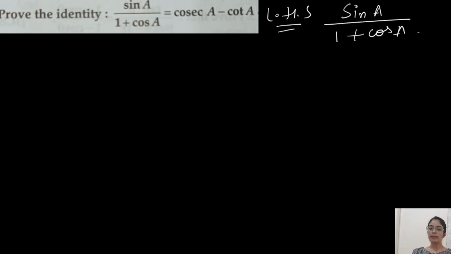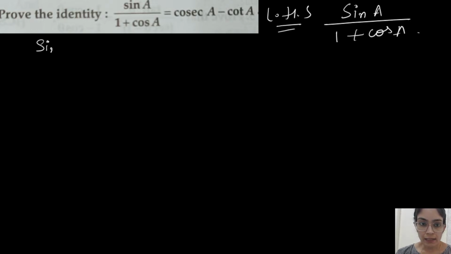From the 6 rules only you have to see what can be done, and you have to keep on looking at the right hand side also. What can be done at the starting of this question? Okay, I'll just start then.